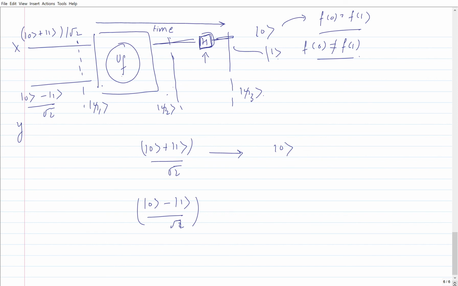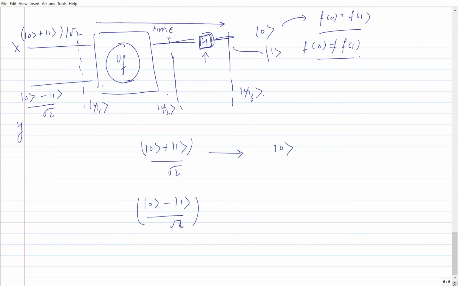So notice I used this black box, or UF, whatever, this algorithm, I used it only one time. So there was only one input I sent across this computer, and I was able to retrieve my answer, which is terrific. For a classical computer, I'll have to do this process twice.